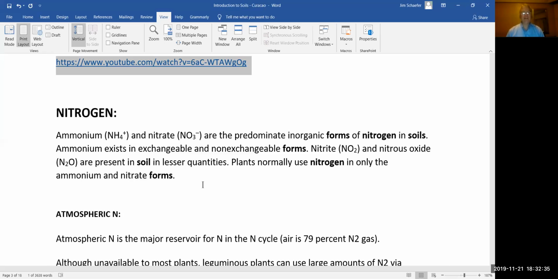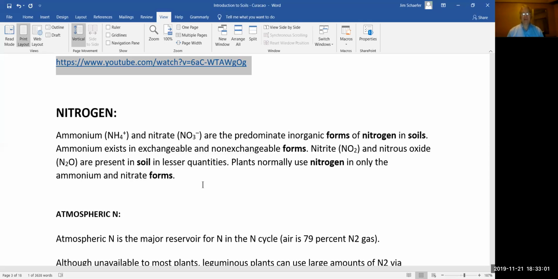And the relationship of nitrogen to your soil, to the environment that you maintain in your soil, is a very critical factor in determining your success in producing plants for the purpose of crop production.